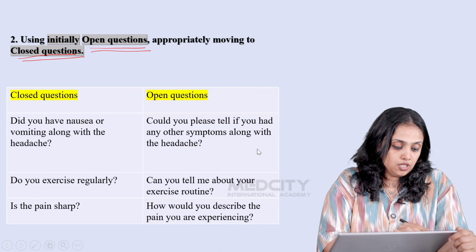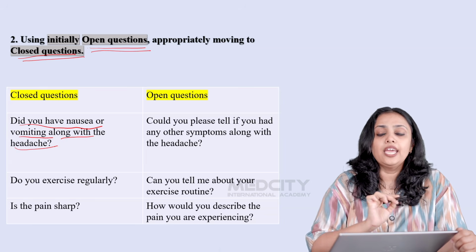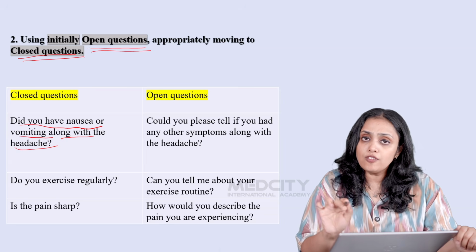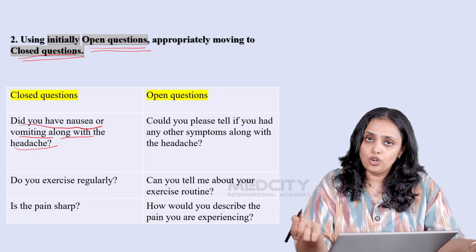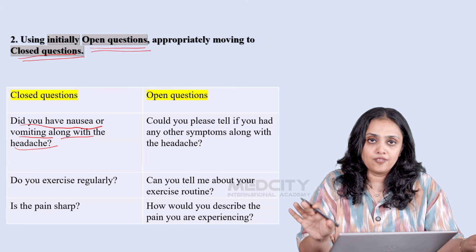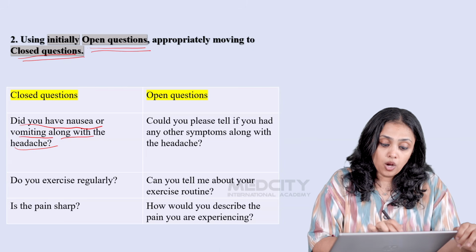Now, do you have nausea or vomiting along with the headache? That's a closed question because you're directly asking, do you have nausea or vomiting? So what are the possible answers? Yes or no. Either you say yes, you have nausea, or you say no, you don't. But if you ask it as an open-ended question, how would it be?